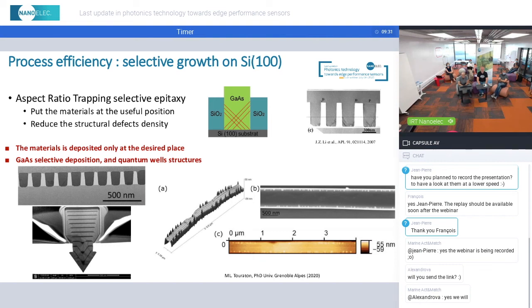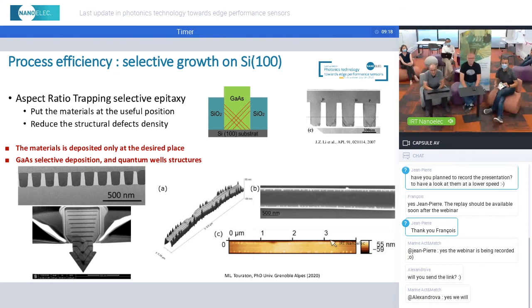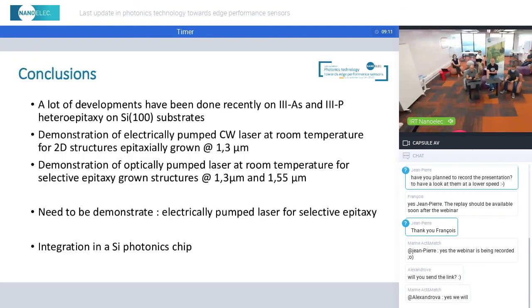As you can see at the bottom left, we can integrate quantum wells in selectively epitaxially grown nanoribbons. And at the bottom right, we also want to implement indium arsenide quantum dots directly on a nanoribbon. So the next step is to make electrically driven devices, all grown by MOCVD.